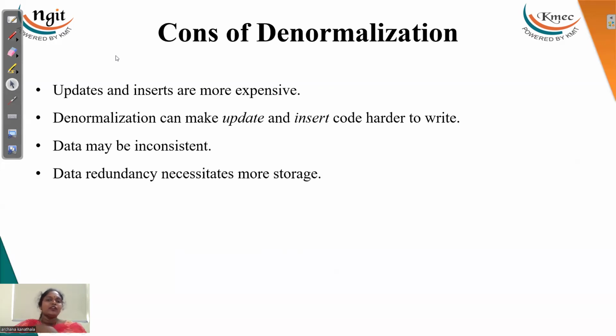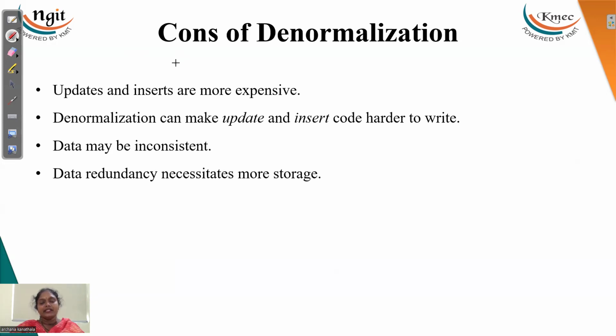Then the drawbacks of denormalization: updates and insertions are going to be tougher because I need to find out the best attributes to duplicate from one table to the other. If an insertion is made in one particular table, it should also be updated in the other connected tables.